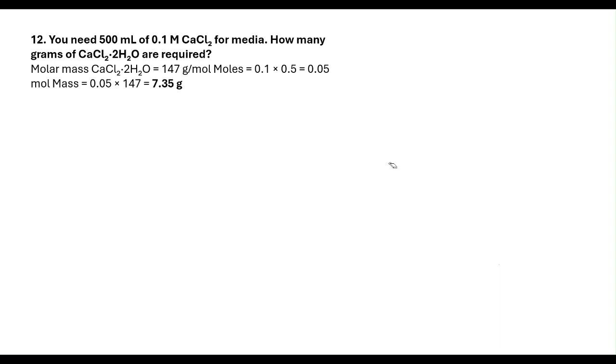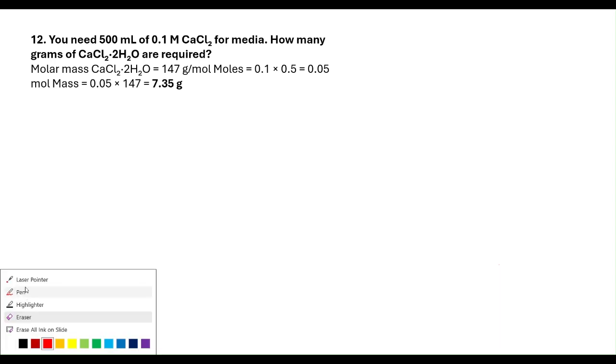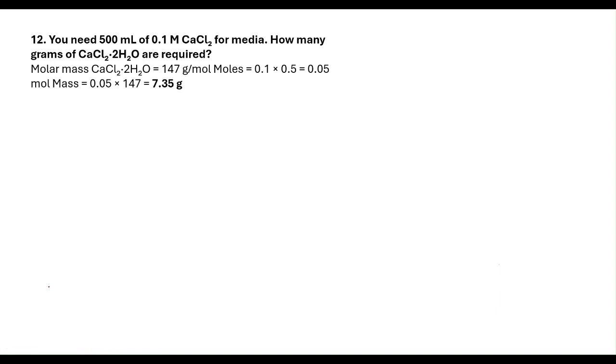So 1 mole equals 6.02 into 10 to the power 23 particles.